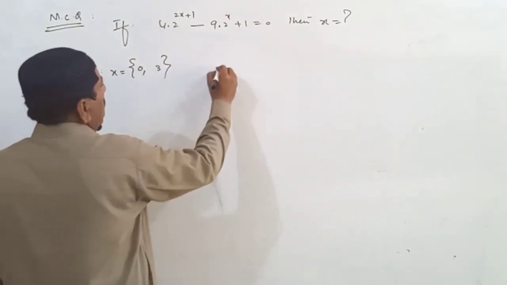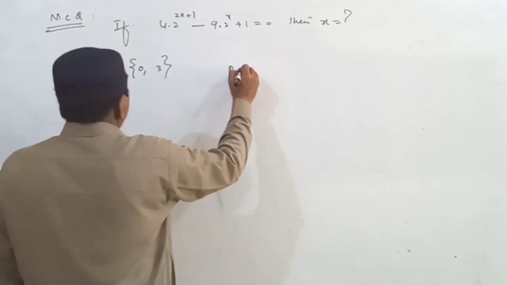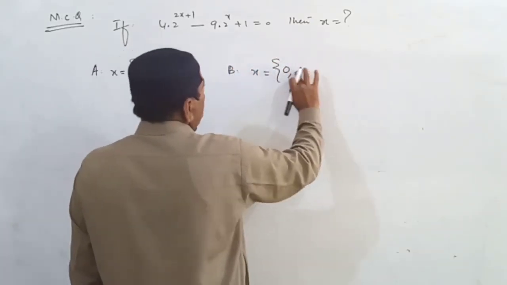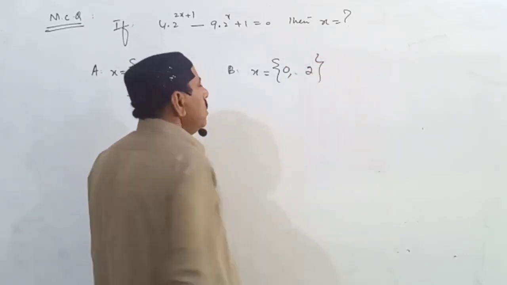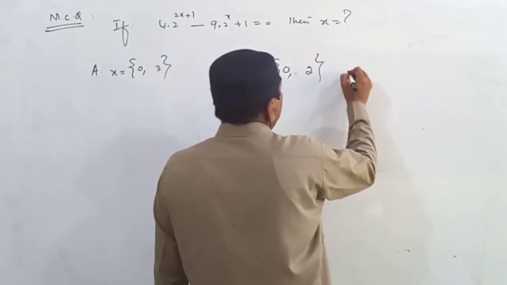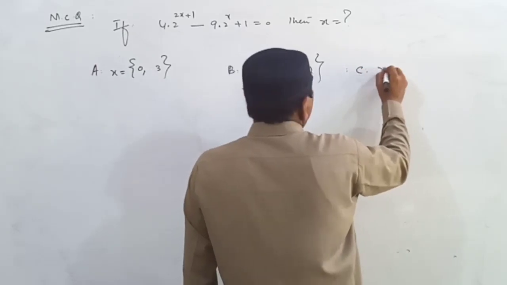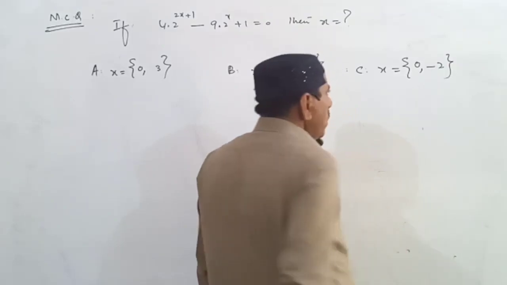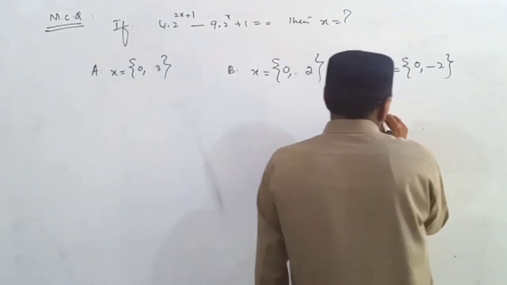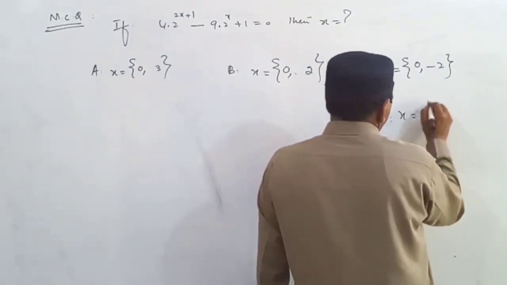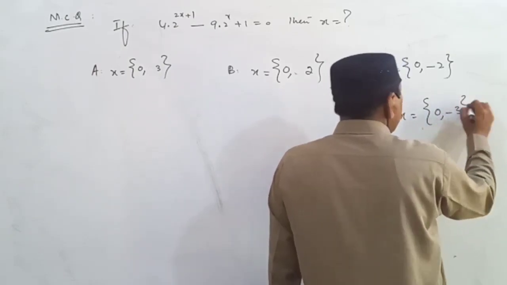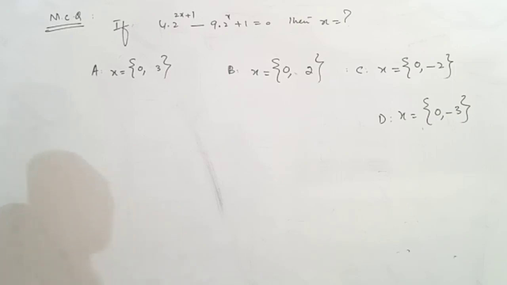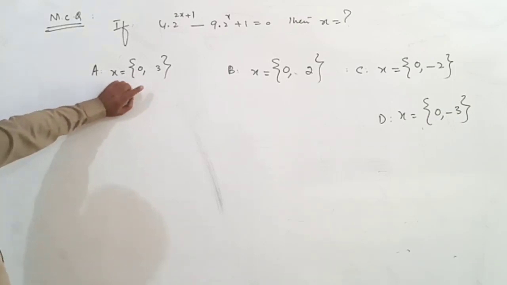B, x is equal to 0 comma 3. C, x is equal to 0 comma 2. D, x is equal to 0 comma minus 2. Or, x is equal to 0 comma minus 3. So these 4 are the options according to the condition.